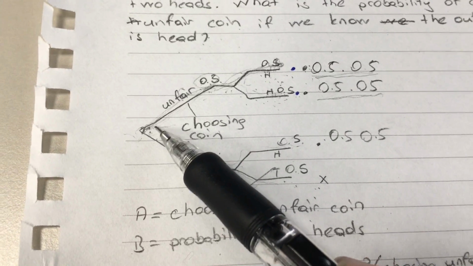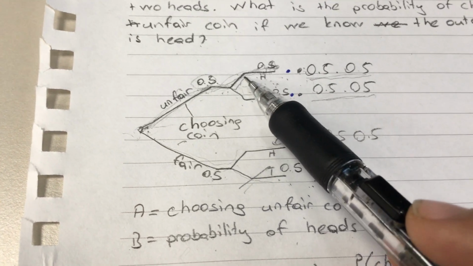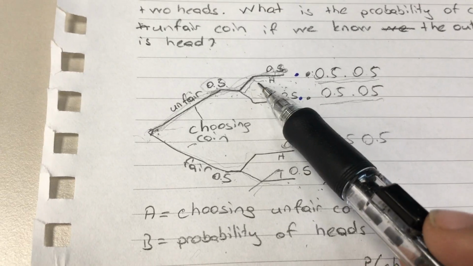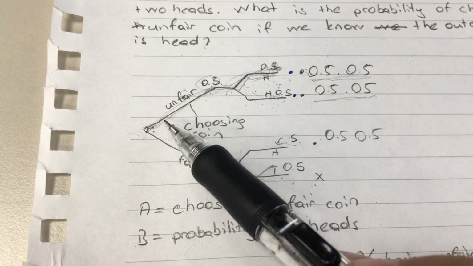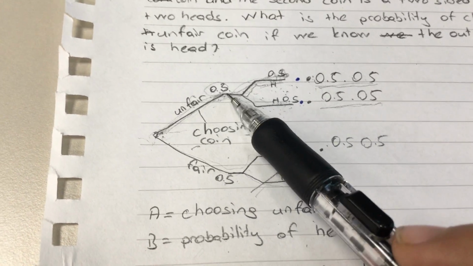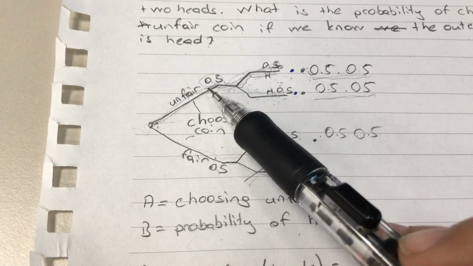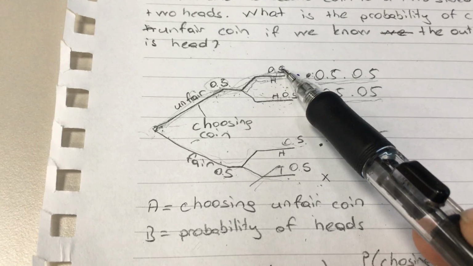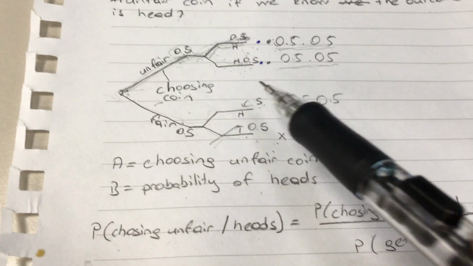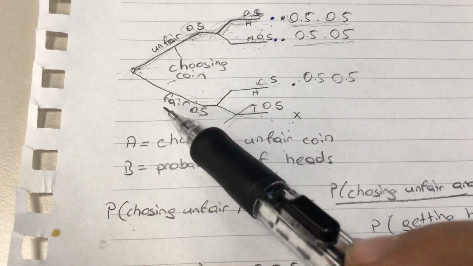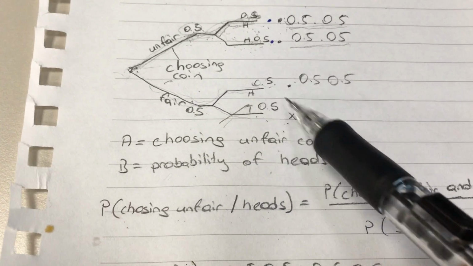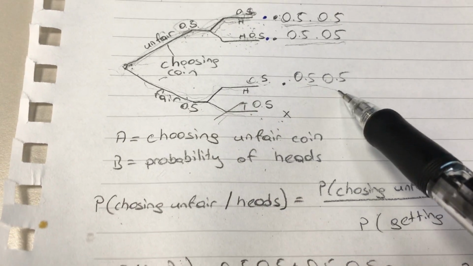You need to remember that when you follow a path, you are taking a product of the probabilities. If this one was 0.6 and this one was 0.4, then you need to take the product of 0.6 times 0.4. And we will do the same thing for this one.